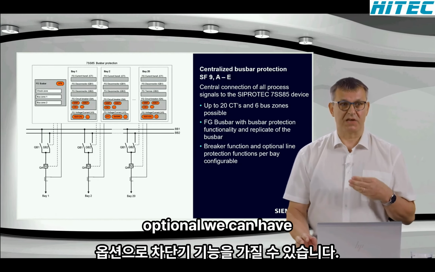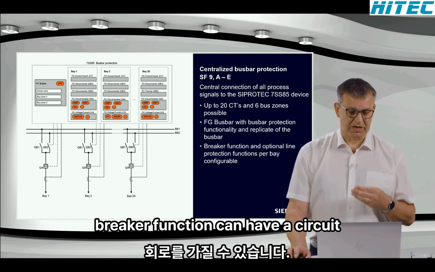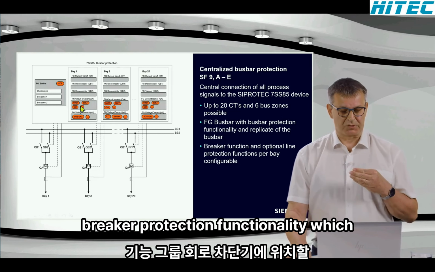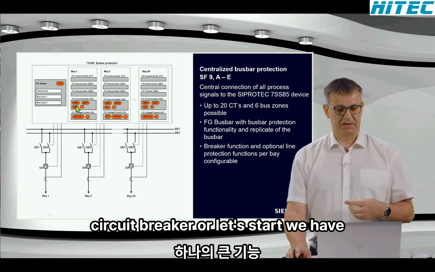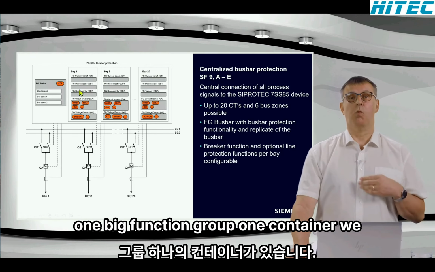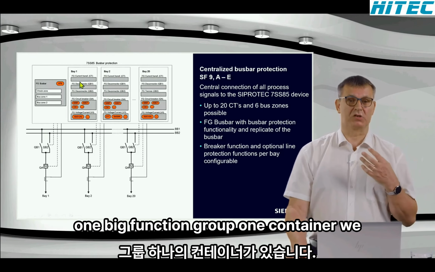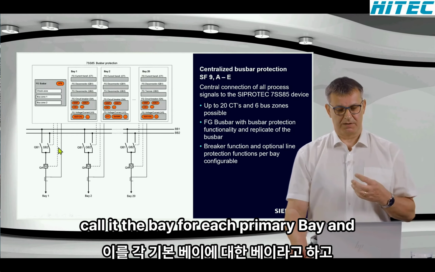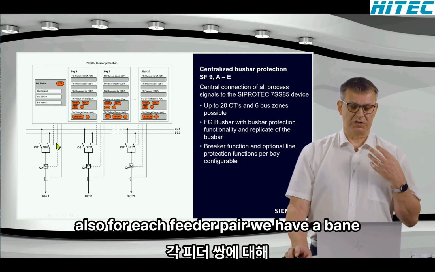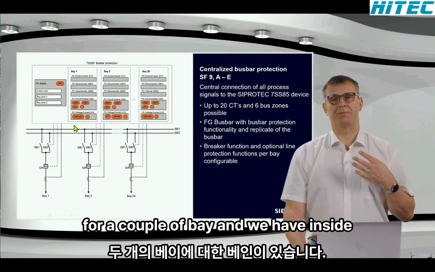Optionally, we can have a circuit breaker protection functionality, which will be located in the function group circuit breaker. Let's start: we have one big function group, one container. We call it the bay, for each primary bay, for each feeder bay, and for a coupler bay.